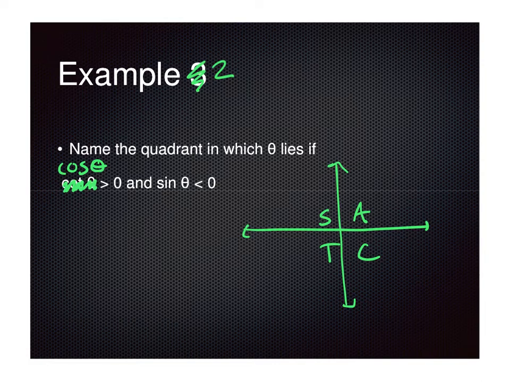If cosine of theta is greater than 0, which two quadrants does that knock out right off the bat? Sine and tangent. So now we're just left with quadrant 1 and quadrant 4. So if sine is less than 0, which one does that knock out? All. Because sine is negative. So then we're only left with quadrant 4.